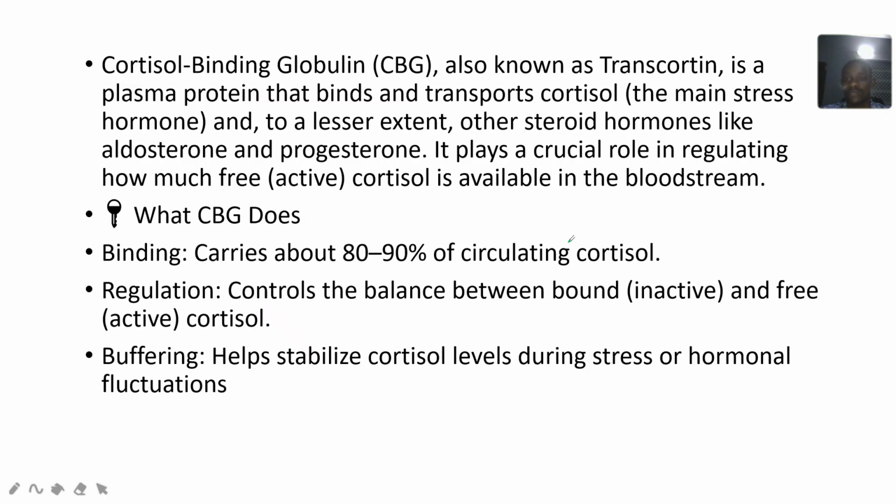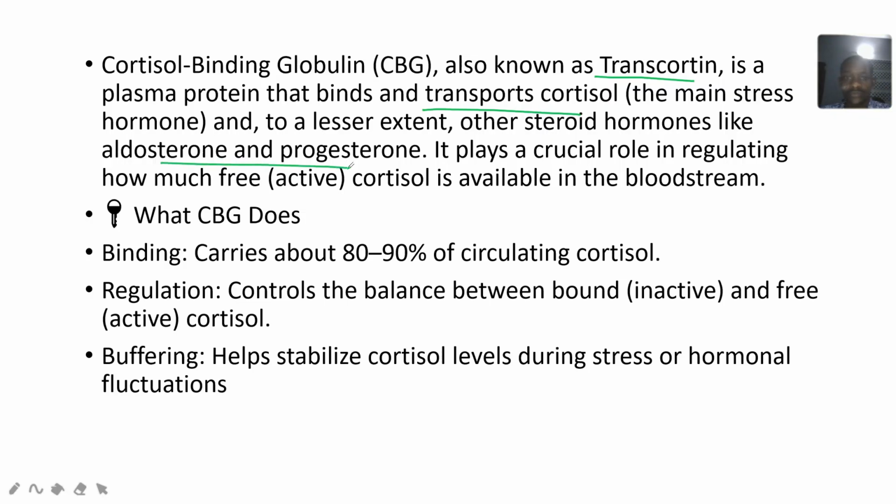So the cortisol-binding globulin, it's also known as Transcortin. It's a plasma protein that binds and transports cortisol, which is the stress hormone. So it binds and transports the cortisol. Do you understand? It also binds and transports other hormones like aldosterone and progesterone, but not much.